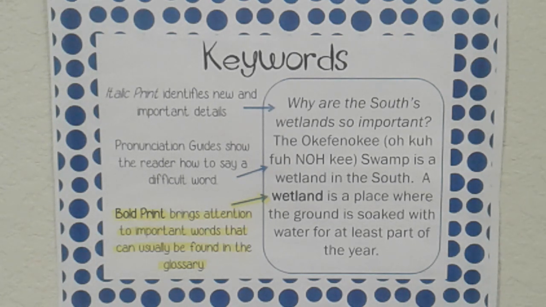That word wetland is bolded, and the author bolded that word because that's an important word, and most times that's a new word that we're being introduced to, and it's very important, and the author wants us to pay attention to that word and remember that word. Again, bolded print brings attention to important words that can usually be found in the glossary.